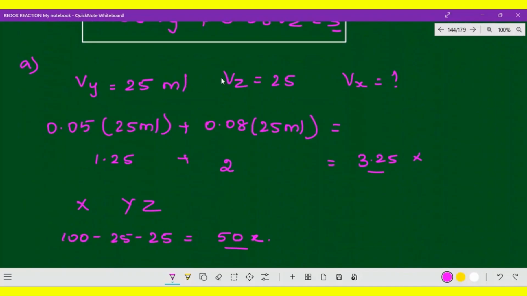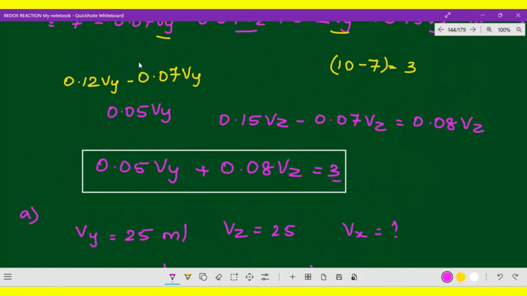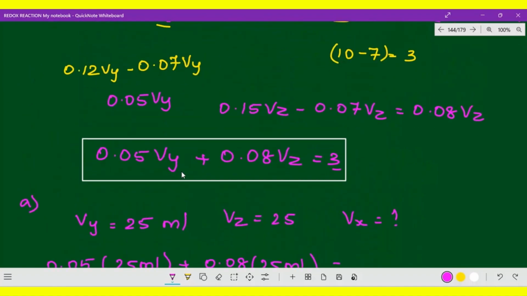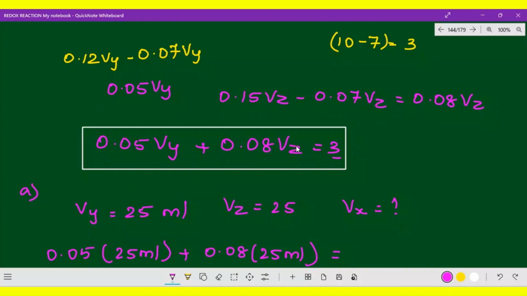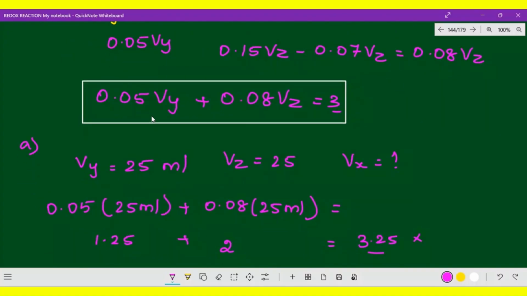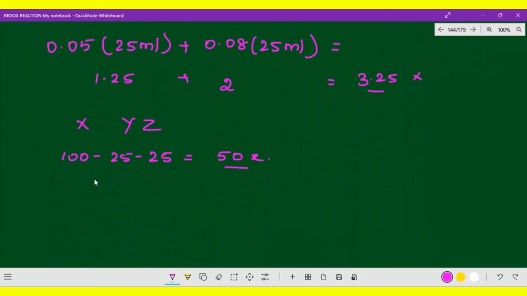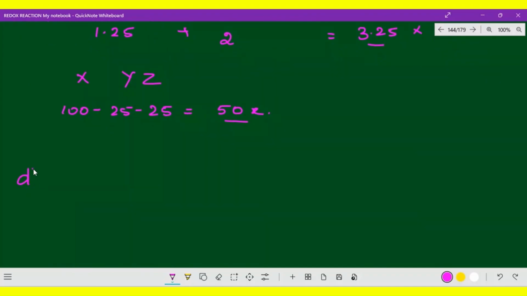So Vy and Vz you just take, and Vx we have to identify. For that, Vy you have to identify. 0.05 into the Vy value, 0.08 into the Vz value. You have to get 3 when you add these two values. Now option D, let us check how to bring the answer.